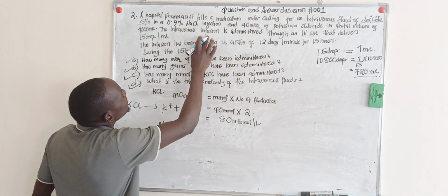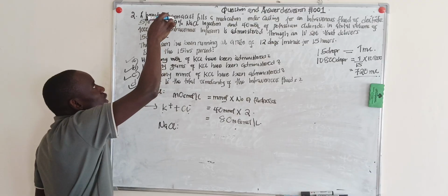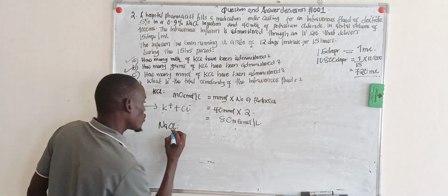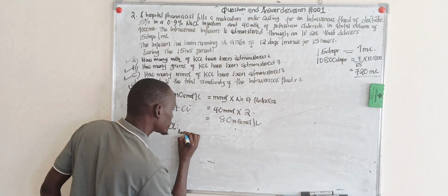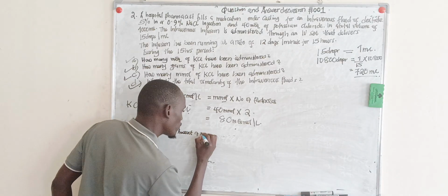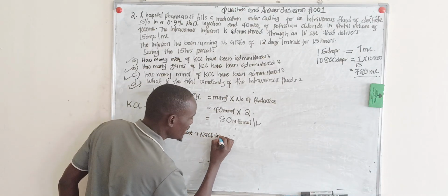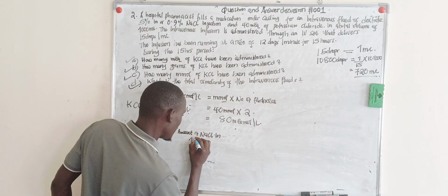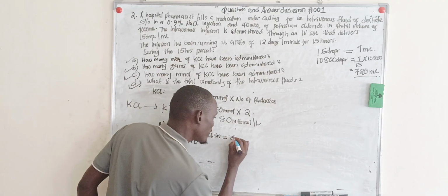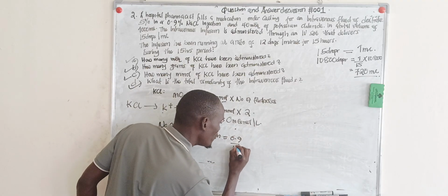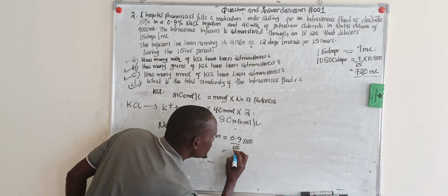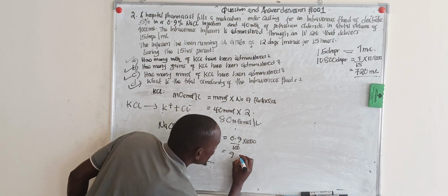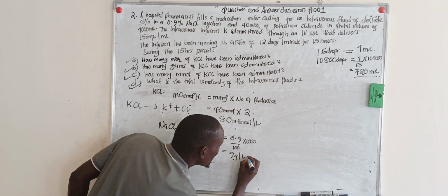Our next step, we are going to look at sodium chloride. But remember, we know the 0.9. So we are going to get the amount of sodium chloride in 1 liter. If 0.9 is in 100, how about the 1 liter? So the 1 liter will be 9 grams per liter.